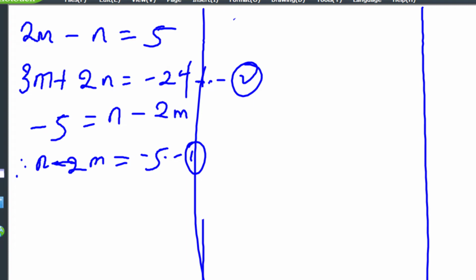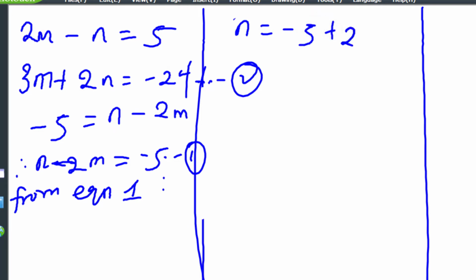In solving with the substitution method, you proceed by saying that from equation 1, our n equals minus 5 plus 2m, equation 3. So, minus 2m crosses to the other side and becomes plus 2m, leaving us with ordinary n on the left hand side.